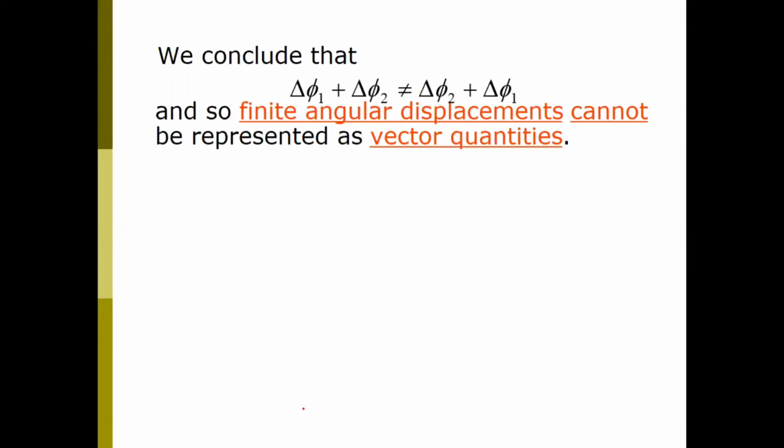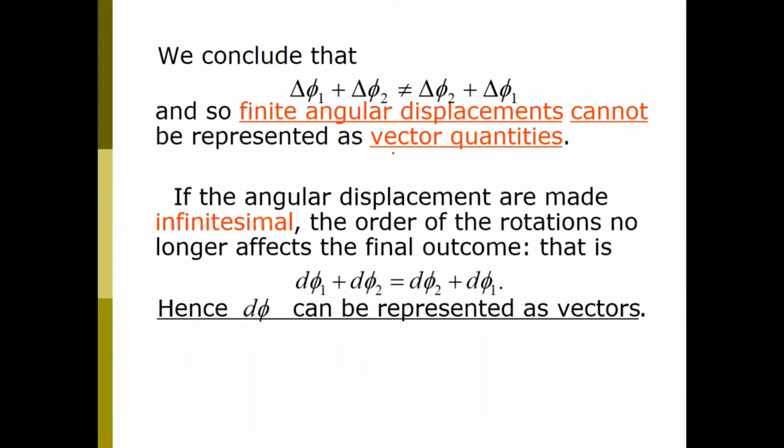We conclude that delta theta 1 plus delta theta 2 is not equal to delta theta 2 plus delta theta 1. And so, finite angular displacement cannot be represented as vector quantities. So, angular displacements are not vector quantities.